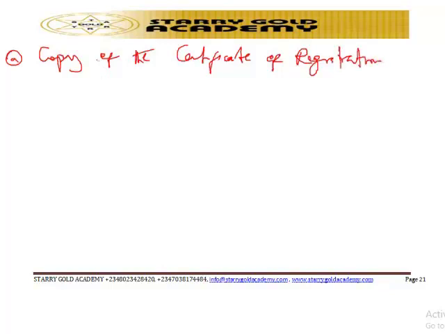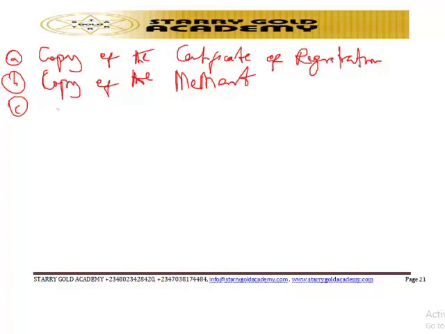One, a copy of the certificate of registration, that is your CAC certificate, and a copy of your memorandum and articles of association.